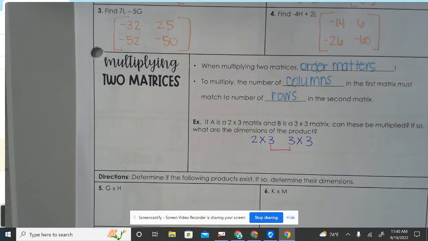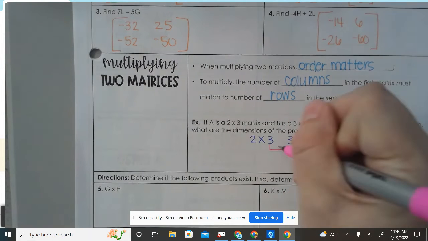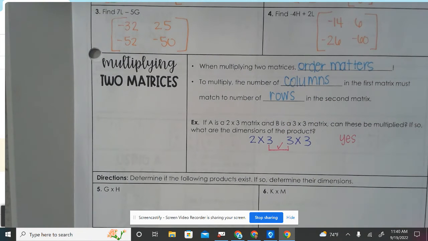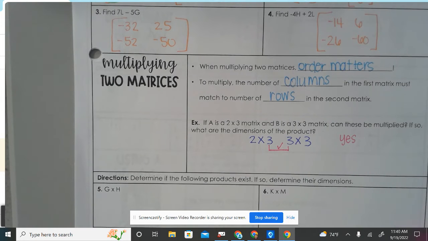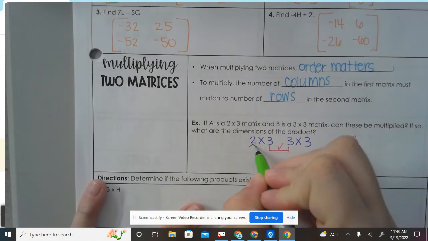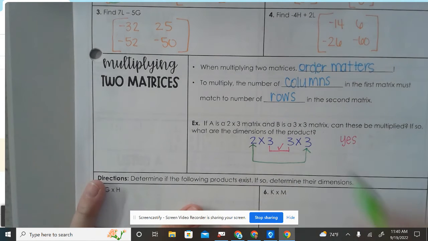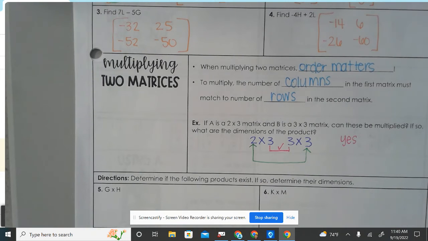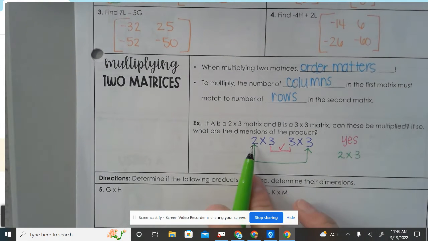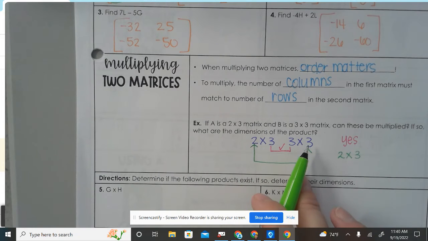Those inside numbers have to match. Do they match? Yes. So these we can multiply. Not only that, but we can tell what the dimensions of our answer will be. We look at the outside numbers. Our answer is going to be a 2 by 3 matrix. A 2 by 3.